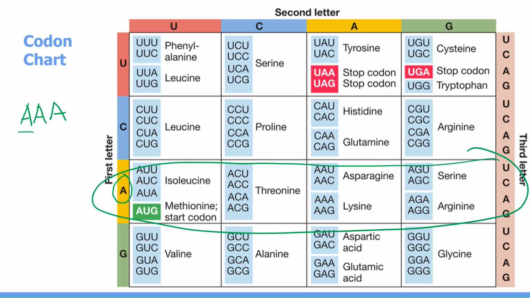Then for my second letter, I have A, so I am isolating this section here in blue. And finally, for my last letter, I'm going to be concentrating on this specific line, right here. And that tells me that this is indeed lysine. And that's how you read the codon chart.